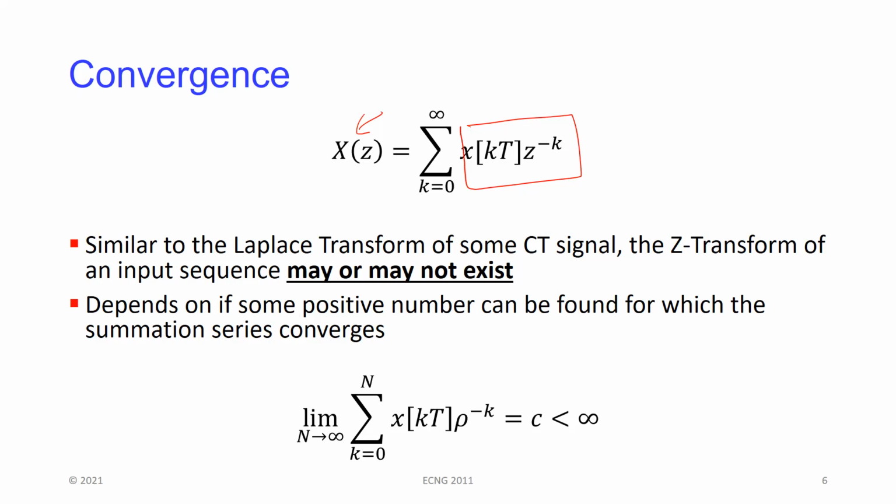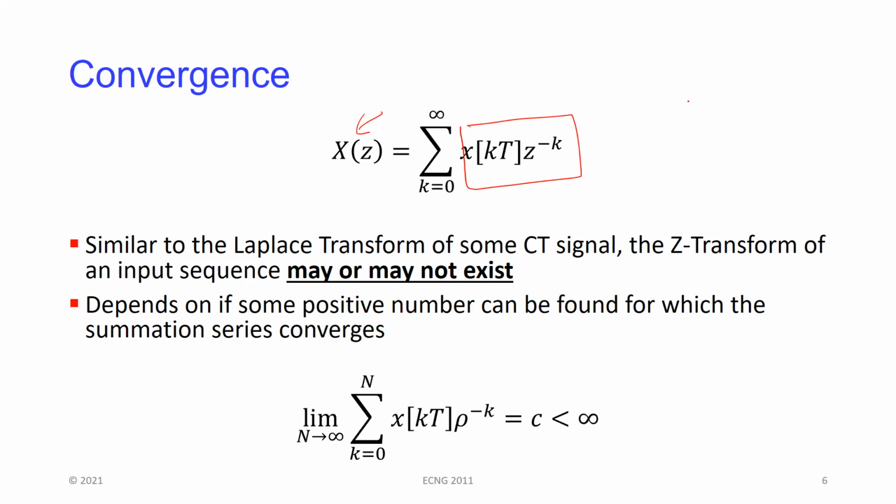There are some things like that where the transform will not end, and in that case, that set of values cannot have a Z transform. Just like certain things cannot have a Laplace transform, or certain things cannot have a Fourier transform.